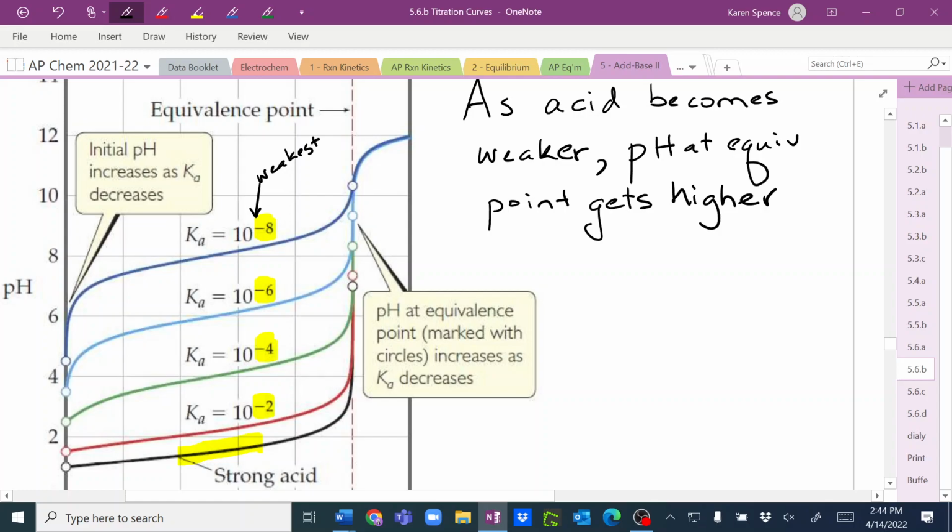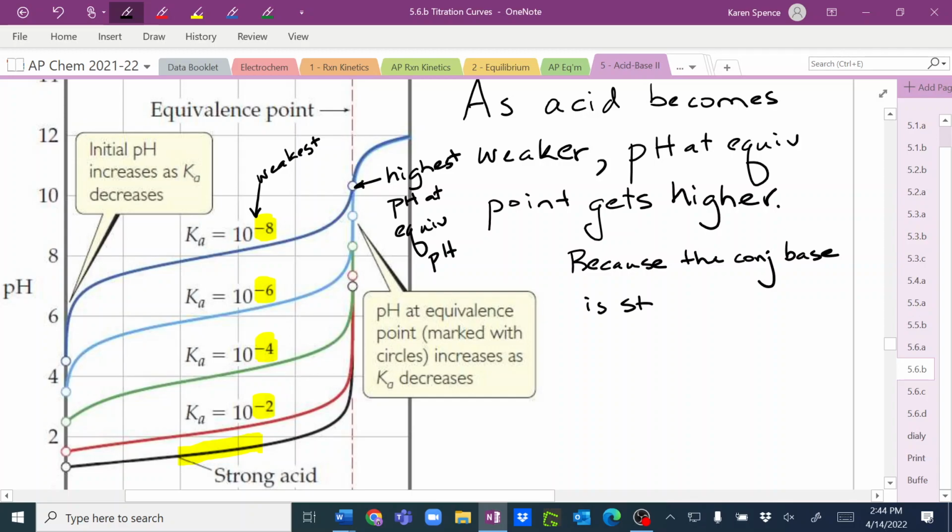Yes, because you can see here, this is the weakest of the acids, and its pH at the equivalence point is the highest. And that's because the conjugate base, which is what you have, is stronger. So when it hydrolyzes, it produces more hydroxide.